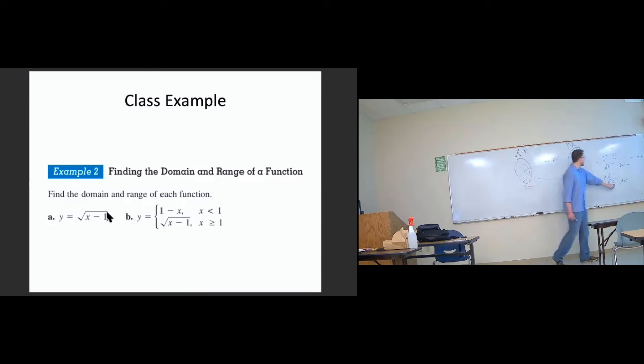So if that's the case, x minus 1, we can think of that as z. That has to be greater than or equal to 0. Because that has to be greater than or equal to 0, then x has to be greater than or equal to 1. Everybody cool with this? So here, the domain then is going to be x greater than or equal to 1.